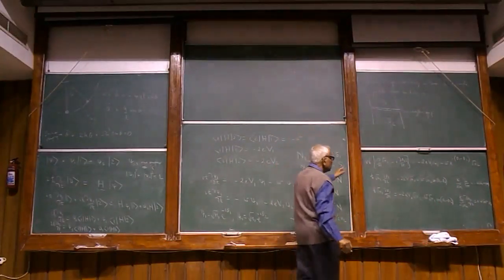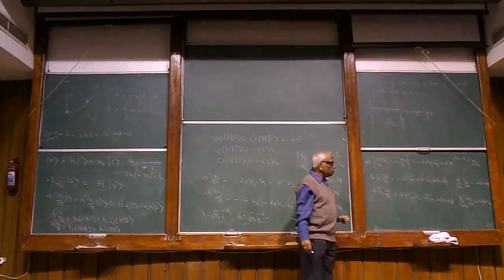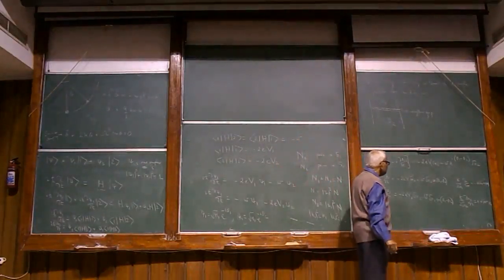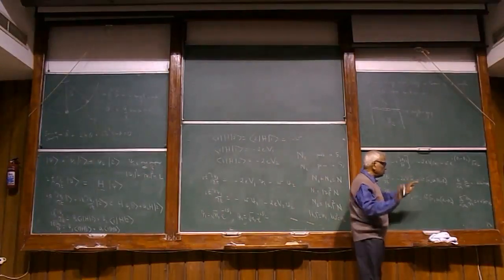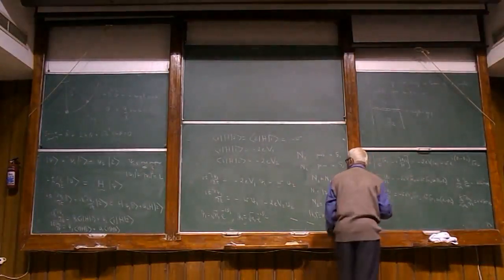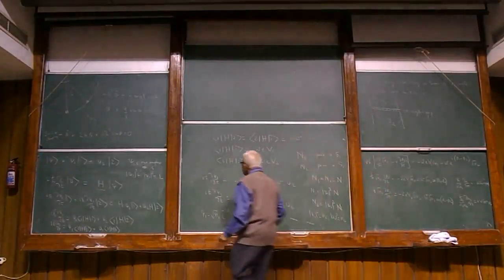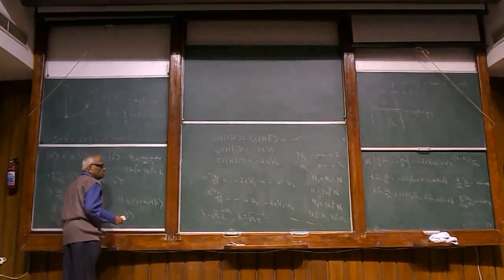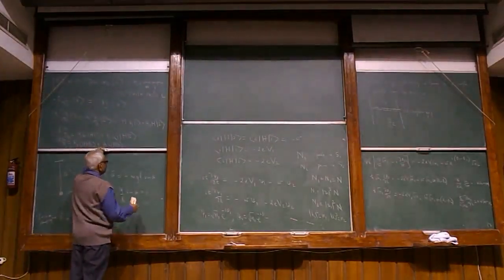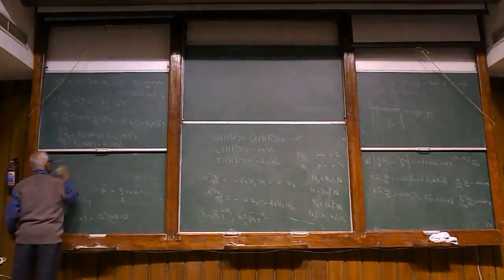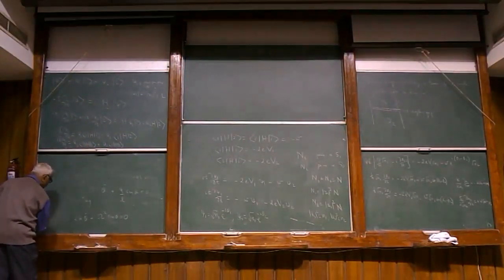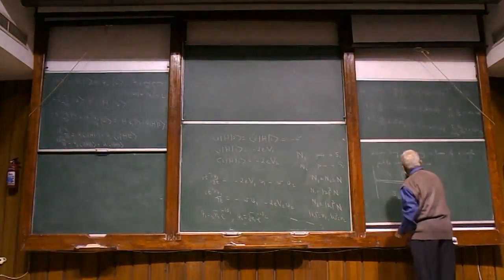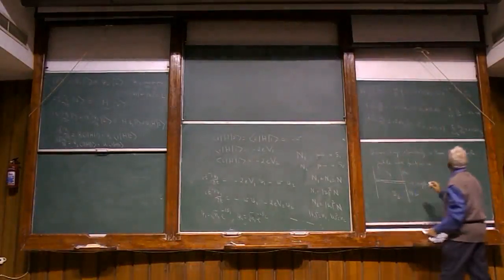So alright, from these two over here, we find that, take this slowly, we are almost done. Let me just do it a little carefully. N1 particles here and N2 particles there.